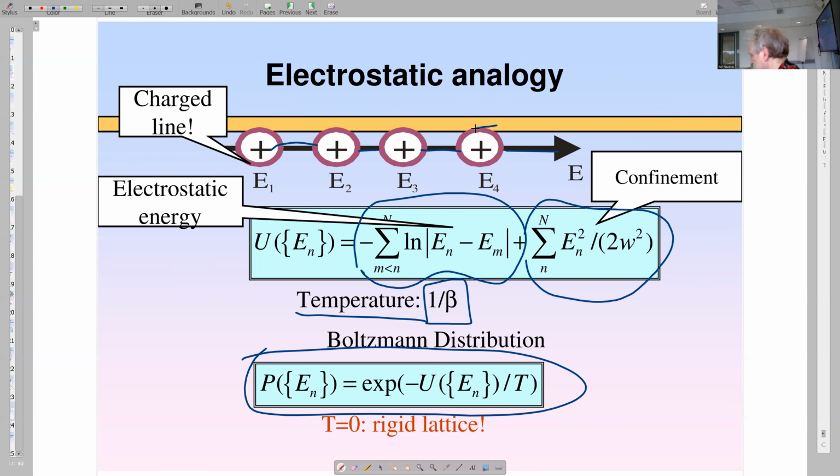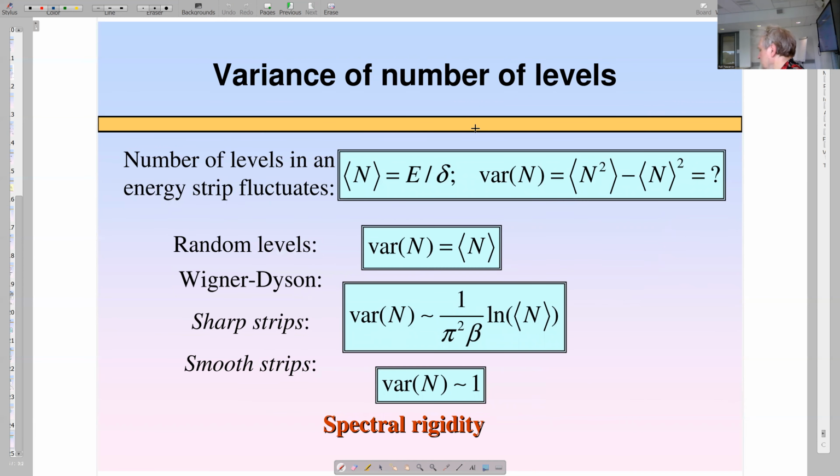Good. So what is important for us? What is the main message of this order coming in chaos? It's best expressed in terms of the number of levels in some energy strip. The system is still random, changing, say, by applying a magnetic field to the dot, so taking another dot, we have a different realization of the levels.